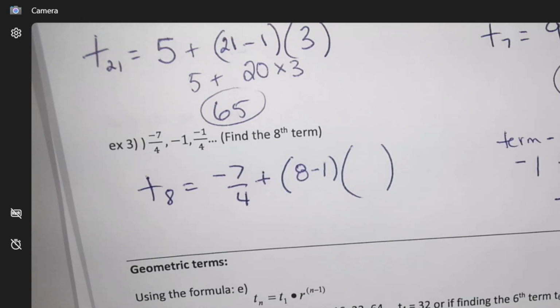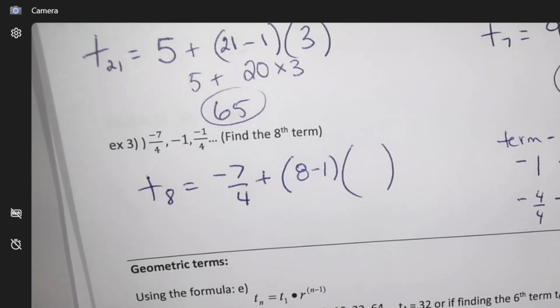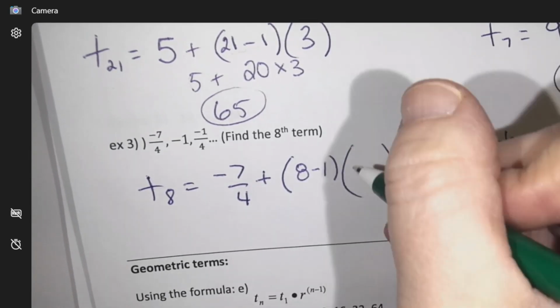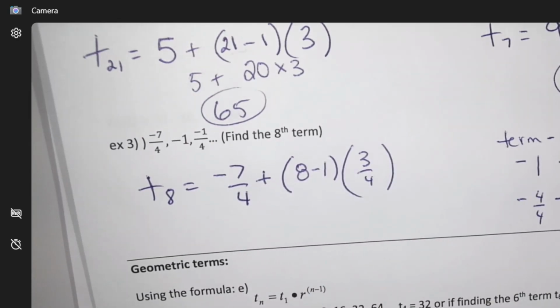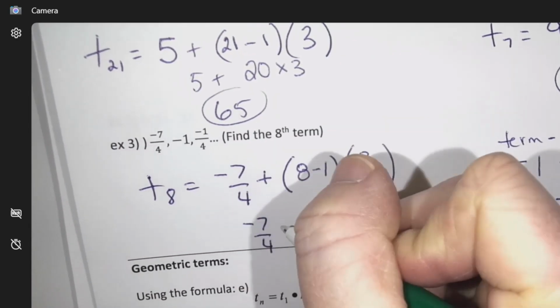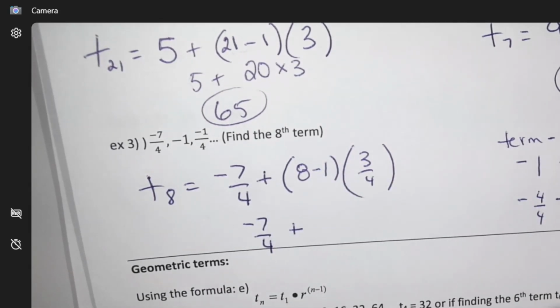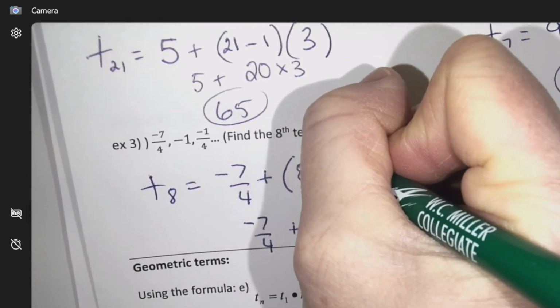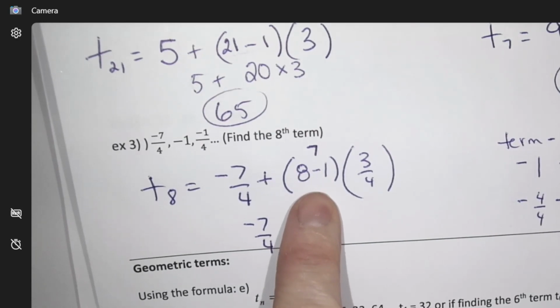Can you change the look of 1 to match the denominator? What would you write instead of the 1 part? Should we change it to a 4/4? So that makes 3/4. Okay, I'm not touching my calculator once. We're going to practice this. Good practice for grade 12 when you lose your calculator on the provincial exam. Okay, are you okay if I just tell myself that that's 7 in the bracket there?